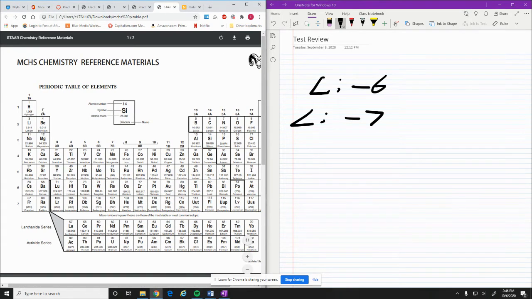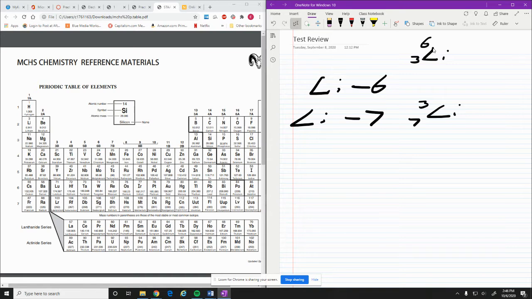Lithium on the periodic table, atomic number 3. So I know that lithium has 3 protons. This is lithium-6. This one is still 3 protons, lithium-7. Okay. This is an isotope. These are isotopes.